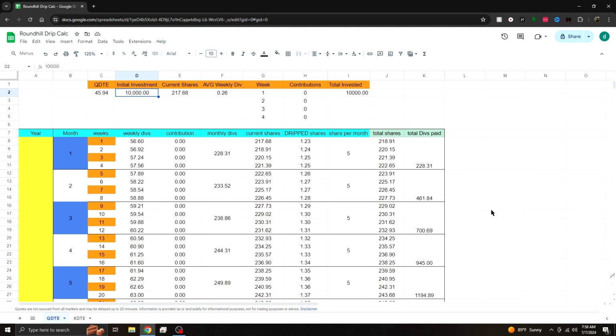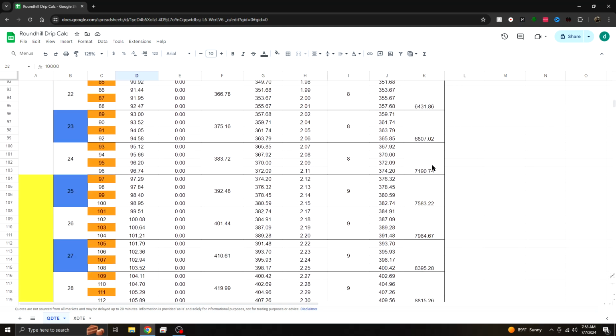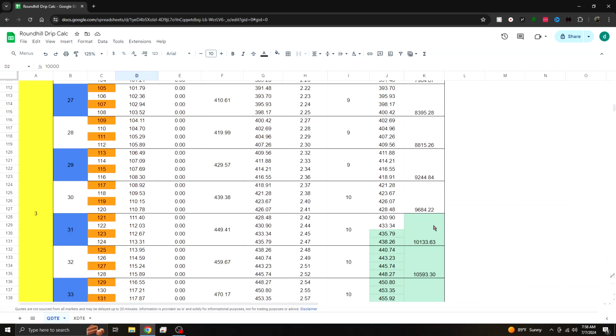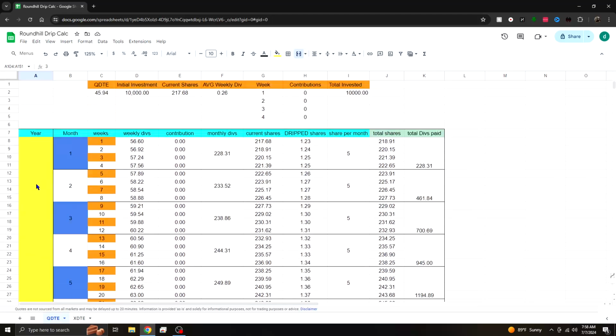Or 10,000 bucks. So if we scroll down here, keep scrolling here. So right here, once we hit $10,000 or more, this is when we'll get our ROI back. So it'll take about 31 months, or about halfway into year 3. I should probably freeze these headers.